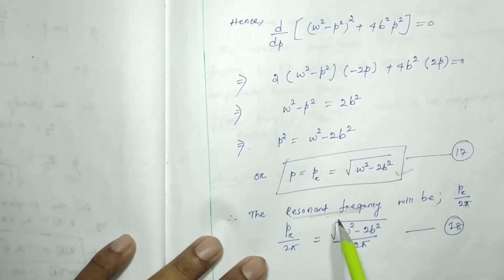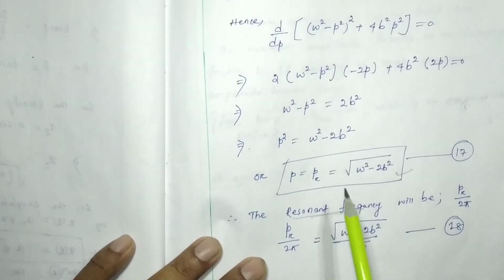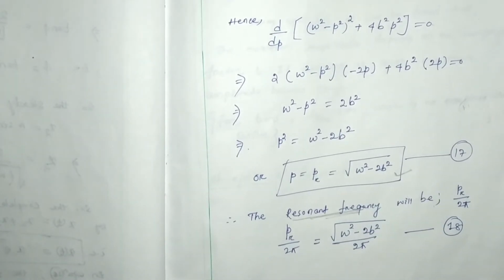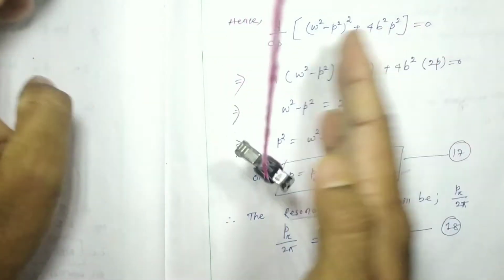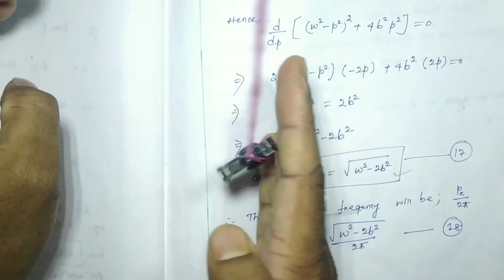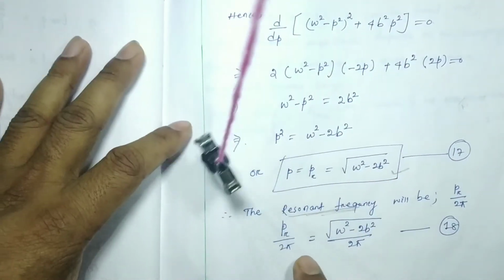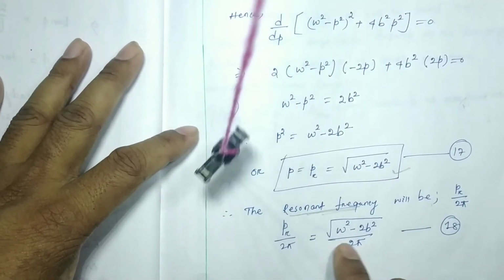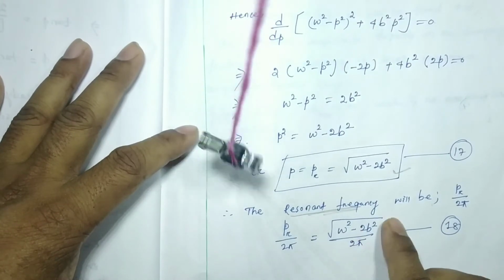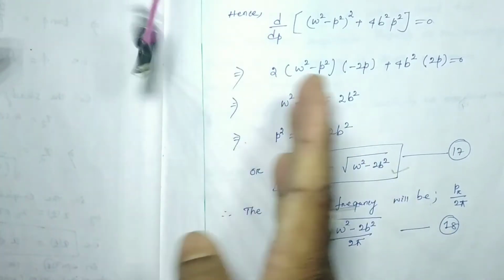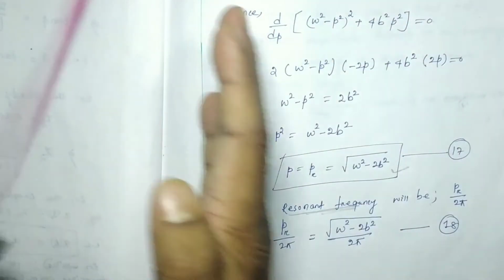Of applied force. If external force is going to be applied with the frequency of this one, square root of omega square minus 2b square by 2 pi, then this oscillator will attain the maximum amplitude. Then the oscillator is going to attain the maximum amplitude.